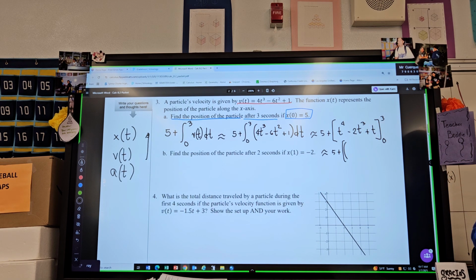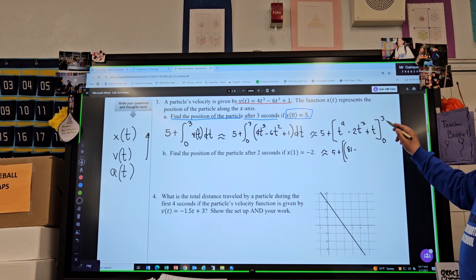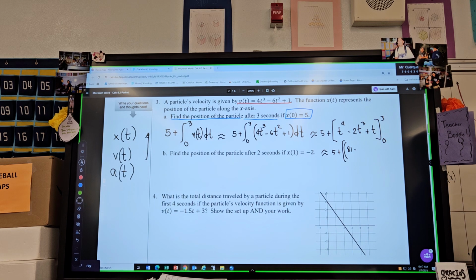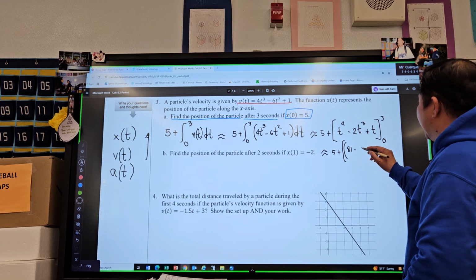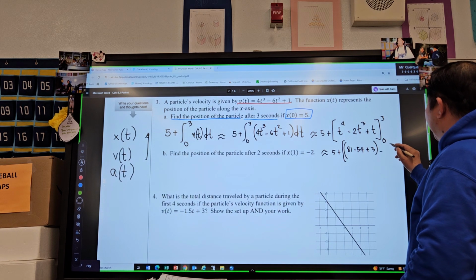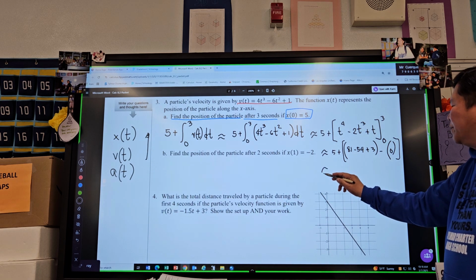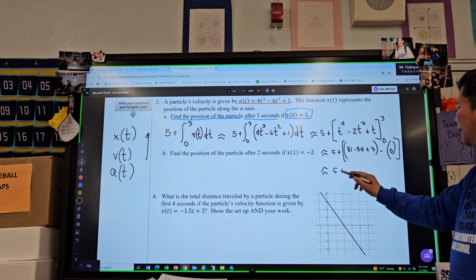What is 3 to the power of 4? 81. So we have 81 minus 3 to the power of 3, which is 27, times 2, 54. So minus 54 plus 3, and then minus 0.